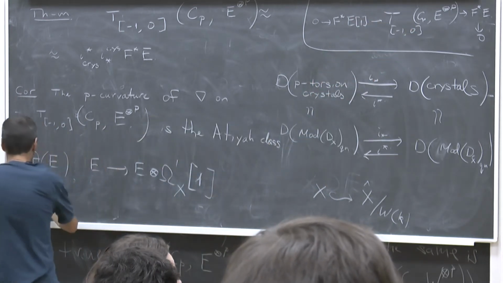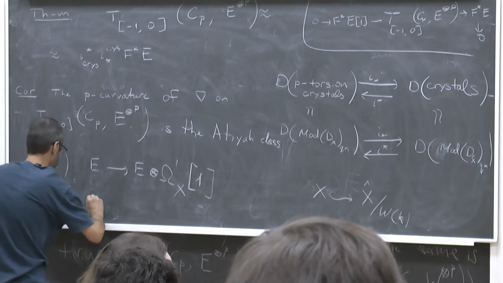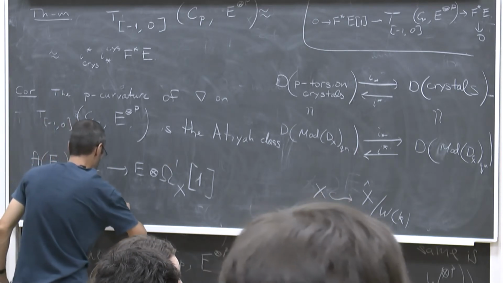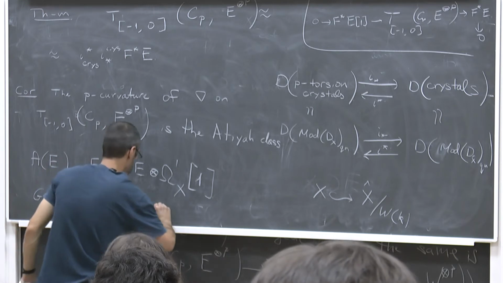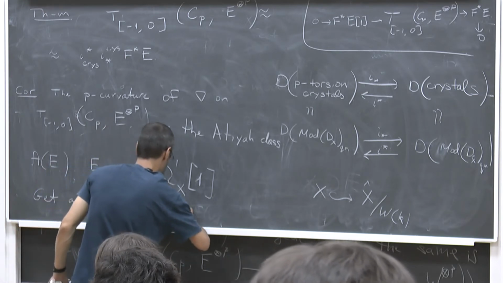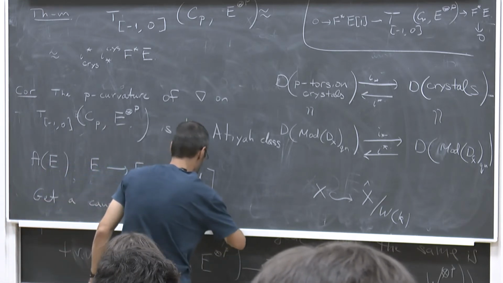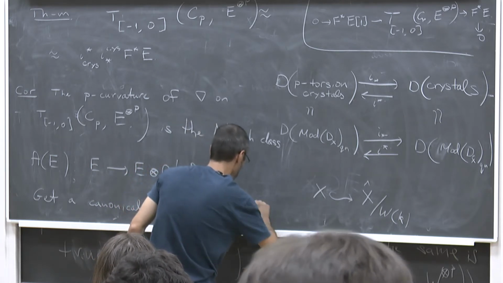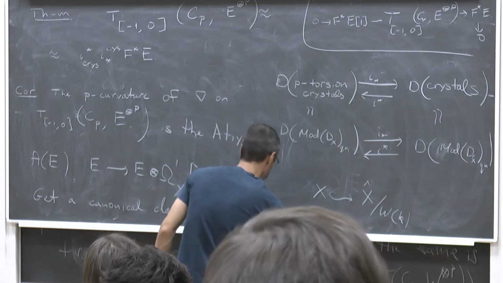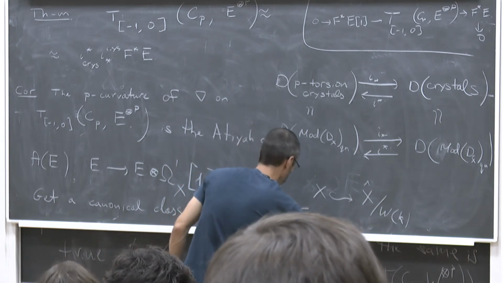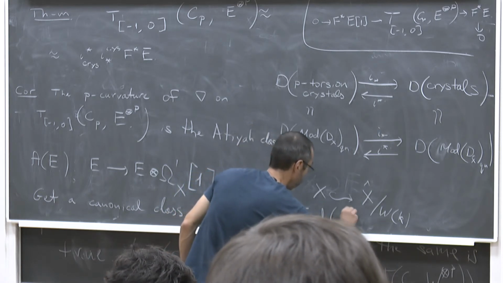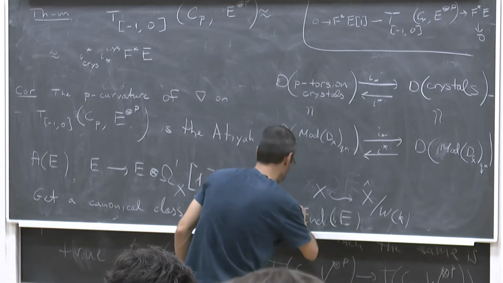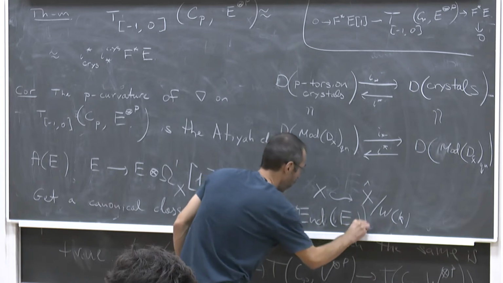So you get a canonical class in H de Rham of X with coefficients in endomorphisms of the Frobenius pullback.